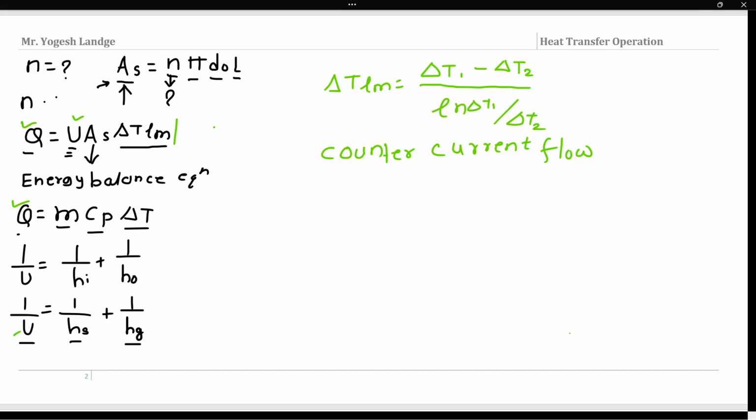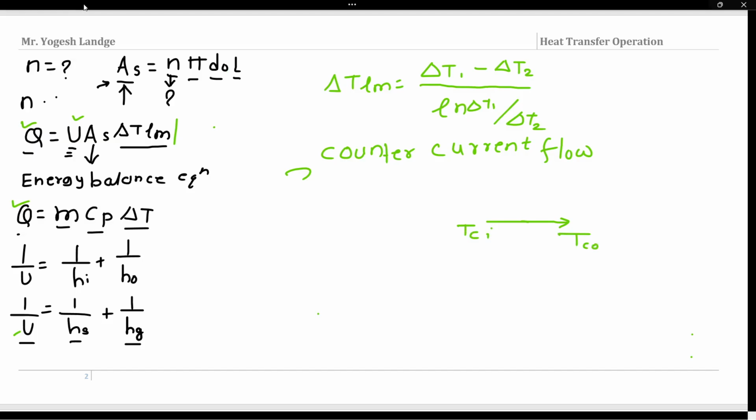How? Let's see. Let's consider the stream. This is a cold stream with inlet and outlet temperatures TCI and TCO.